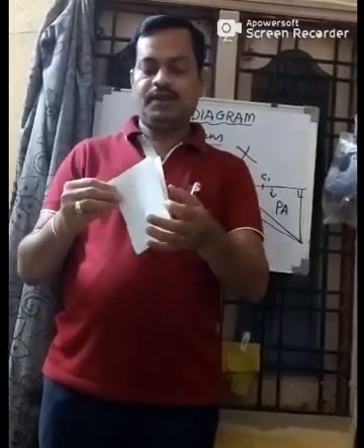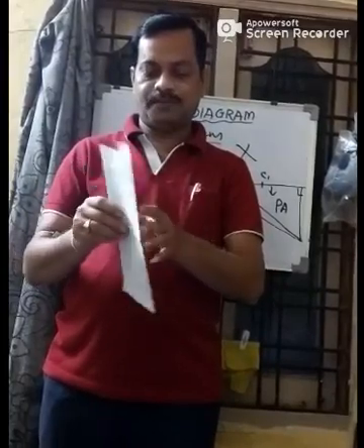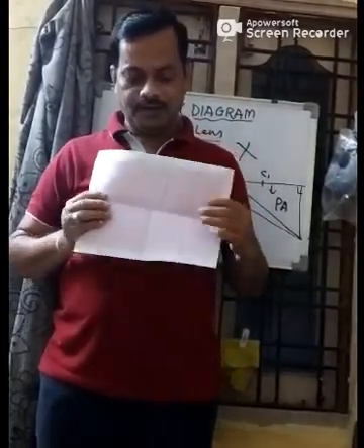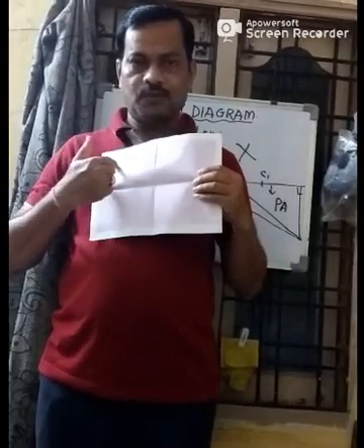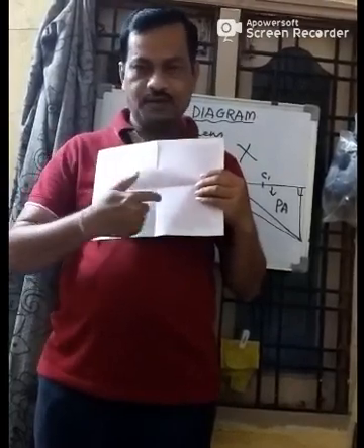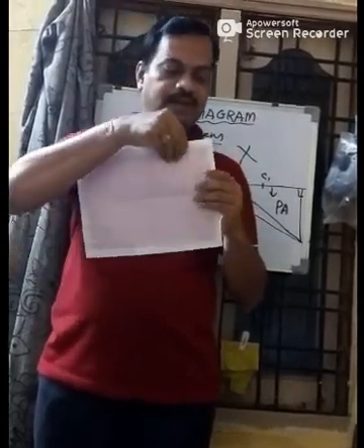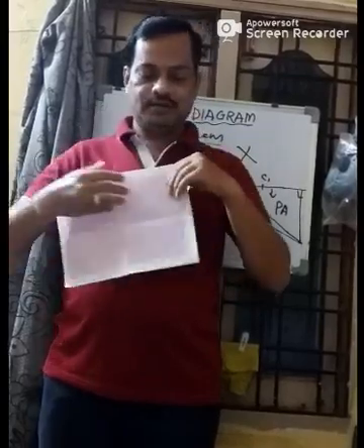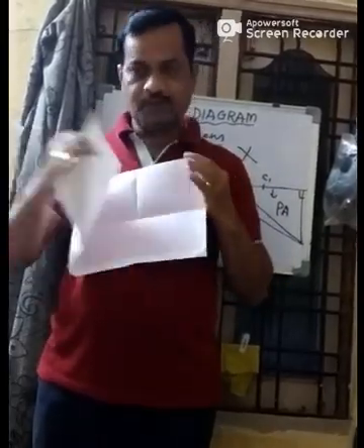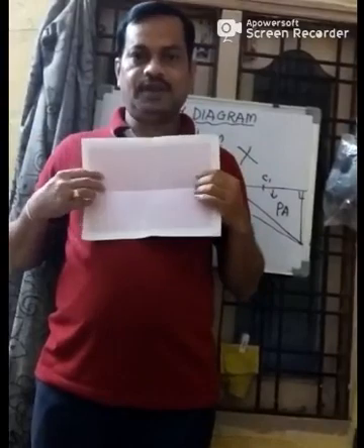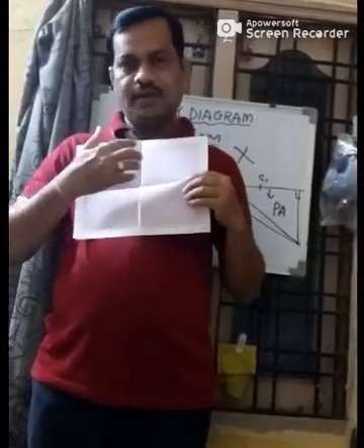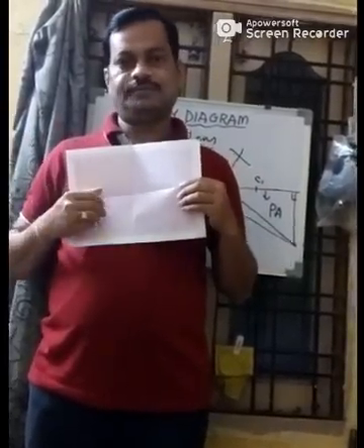Right, then you just open it. When you open, you will find there are 4 blocks. 1, 2, 3, 4. And on the back side there is another 4. So a total of 8 blocks are there. So 8 diagrams are sufficient.